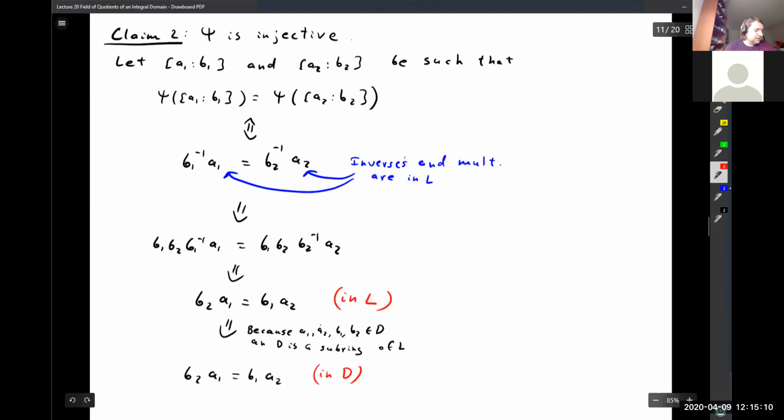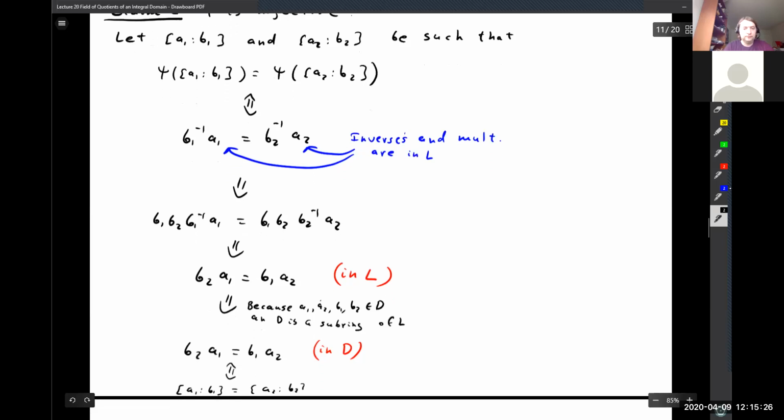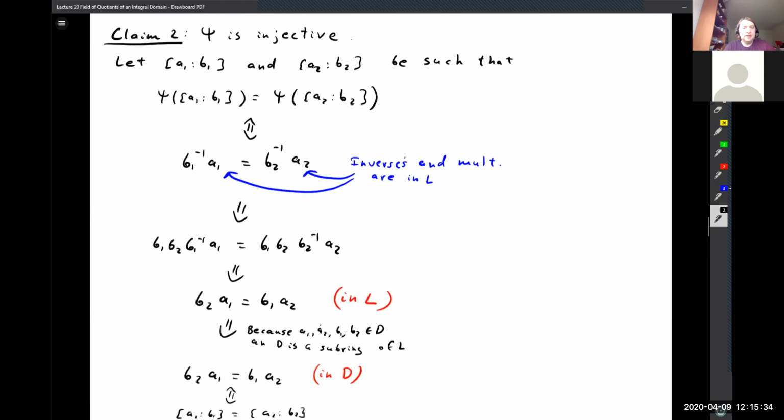And that's precisely a statement that fraction A1 over B1 is equivalent to the fraction A2 over B2. So that's the proof of claim 2. Any questions so far? The important part is to keep track of where the multiplication happens, whether it's in D or in L at this step.